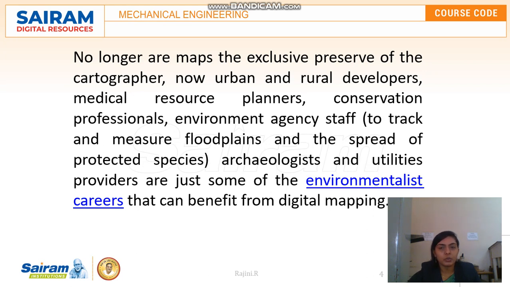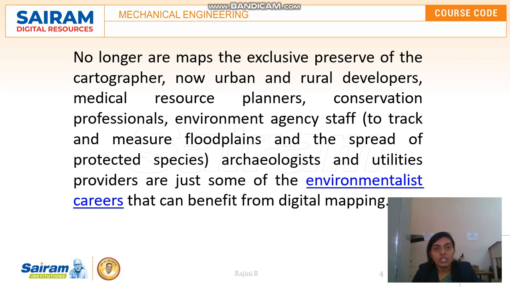Now urban and rural developers, medical services, planners, conservation professionals and environmental agency staff use it to track and measure flood plains, that is, hydrological applications, water application or pollution control, or soil and water monitoring for the warnings being given.